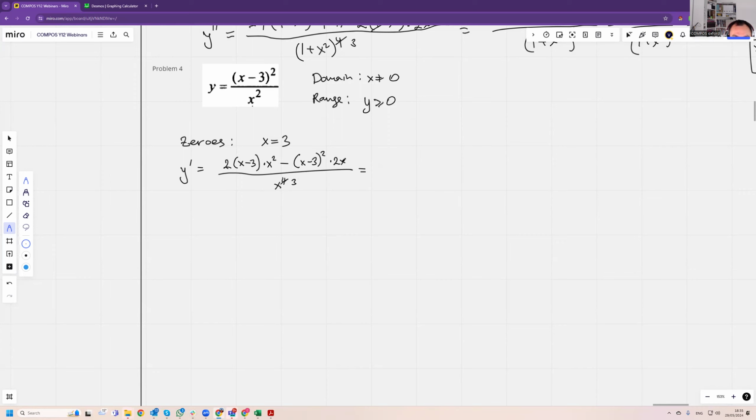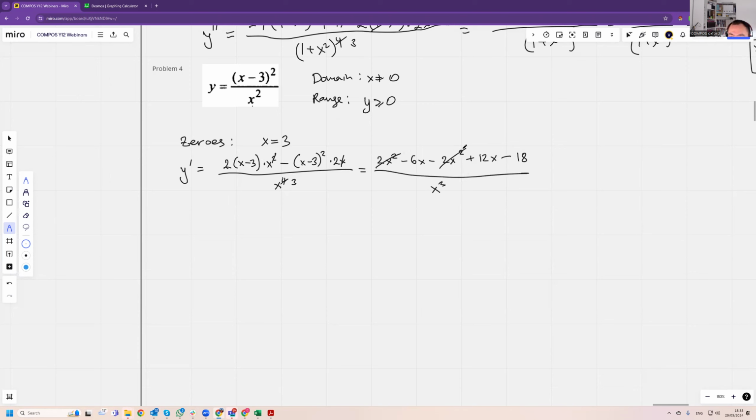I can simplify this: 2x squared minus 6x, minus 2x squared, plus 6 times 2, 12x, minus 9 times 2, 18, divided by x cubed.